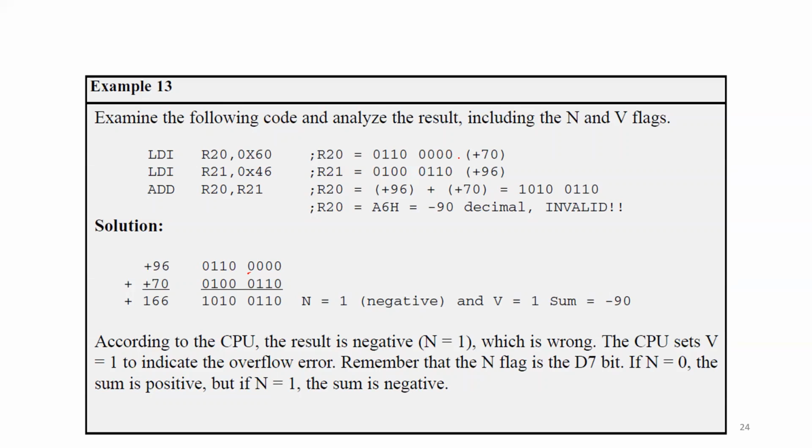And adding 46 in the register R21, this is 6 and this is 4, which in decimal is 96. As you can see, both numbers are positive. If we make an add operation now for the two registers, the result would be added in R20. So R20 equals 96 plus 70.